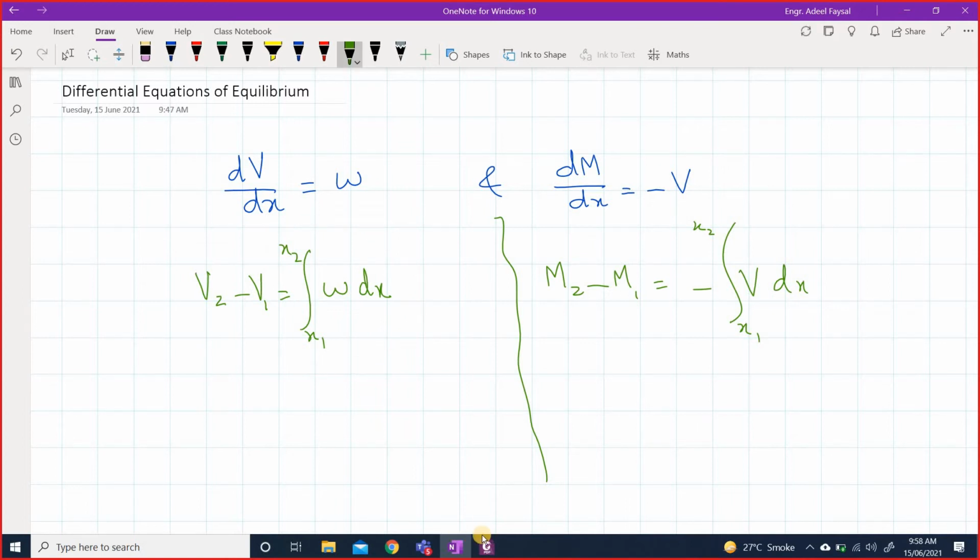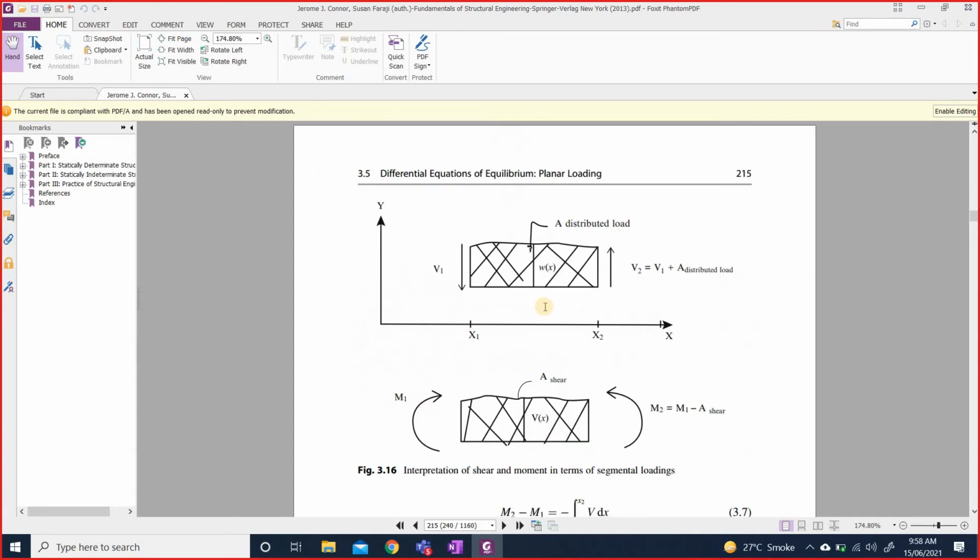So if you were considering points x1 and x2, then the difference between v2 and v1 would be equal to the area of the distributed load between these 2 points. If this is the distributed load, then this is the area under it, and v2 is equal to v1 plus the area of the distributed load. So if you know v1, you can obtain v2 by adding the area of the distributed load to v1.